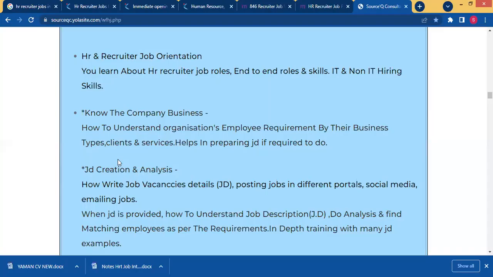So this is how you have to utilize what you have learned and correlate it with the JD.